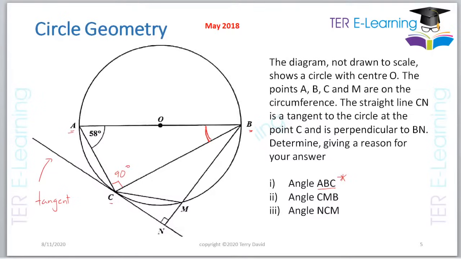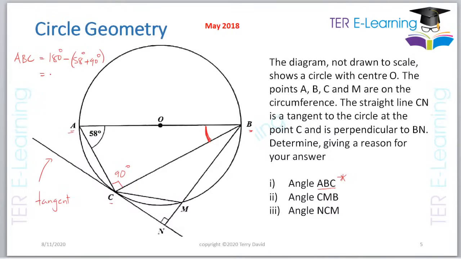So the question wants us to find ABC, which is this angle here. And we also know that when we add up the angles in a triangle, we should get 180 degrees, right? So angle ABC is equal to, all we need to do is say 180 degrees take away 58 degrees plus 90 degrees, right?